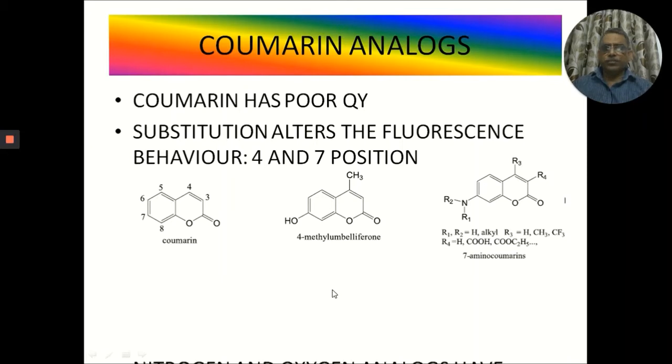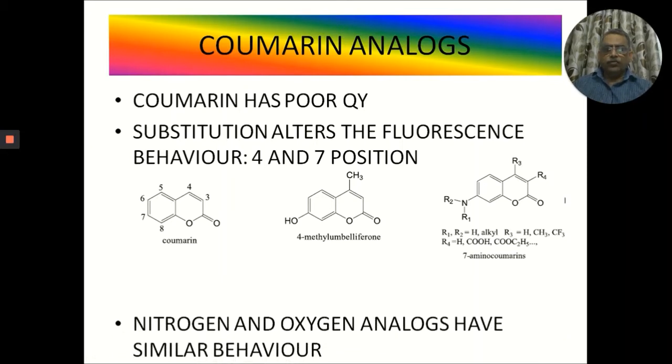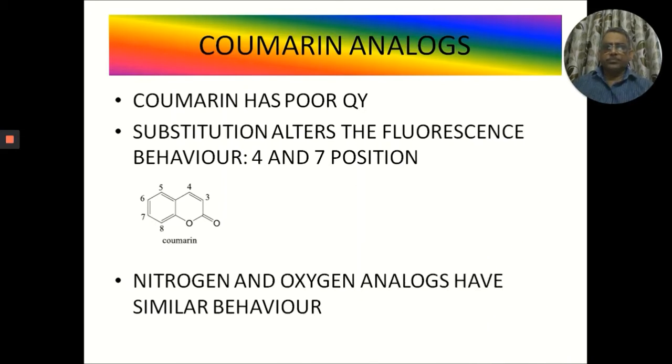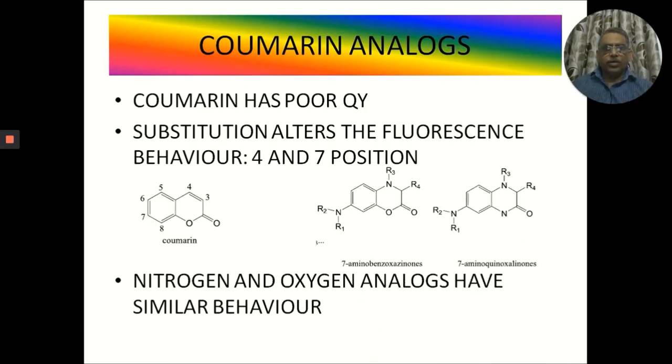Now if you look at the nitrogen analogs, they are also quite similar and have similar behavior to what you see in the oxygen analogs. Now you can have other nitrogen analogs, with nitrogen and oxygen together, or two different nitrogens.